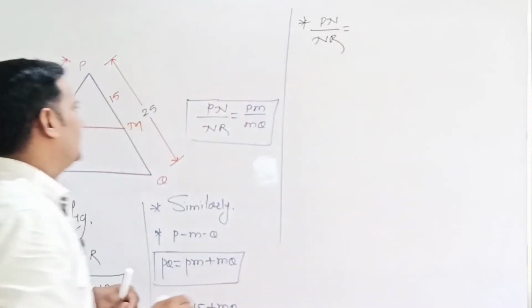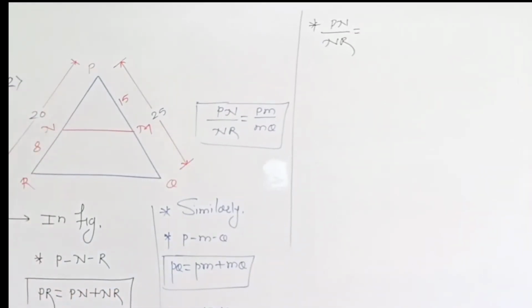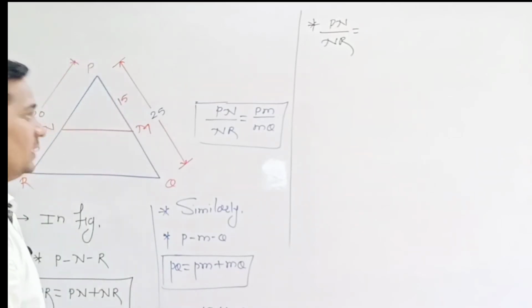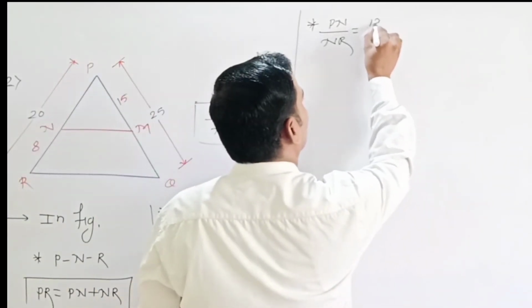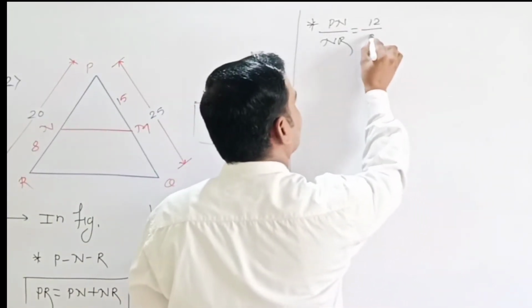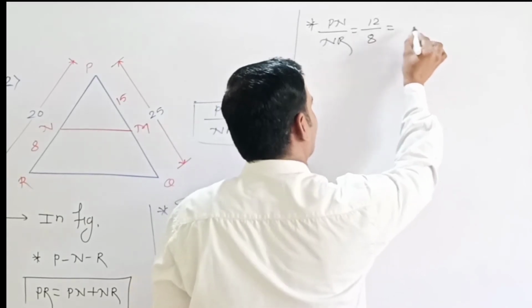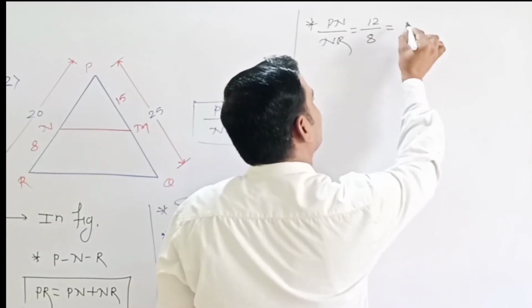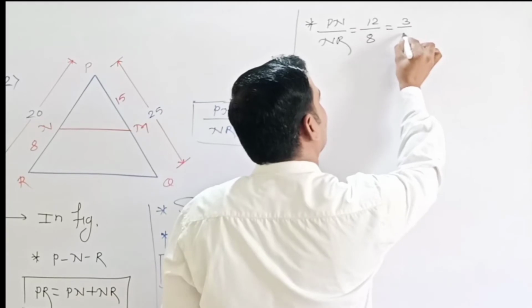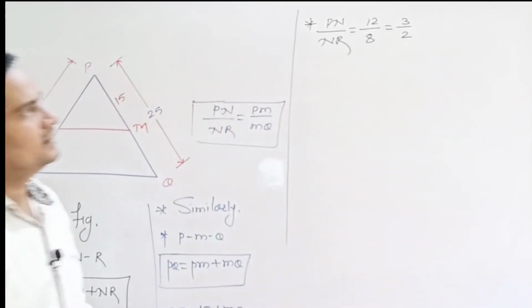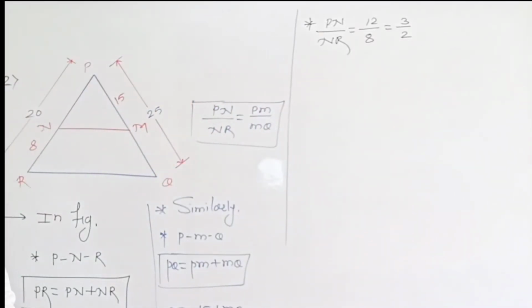So let's put down the values. PN, look at equation number 1, PN is equal to 12. So 12 upon 8. Let's simplify this one. 4 3s are 12 and 4 2s are 8. Now the first ratio is 3 upon 2.